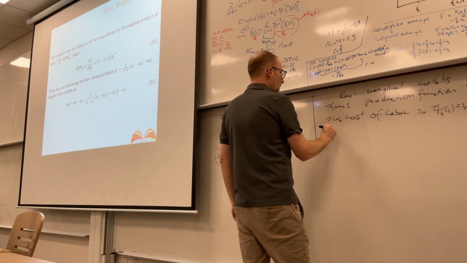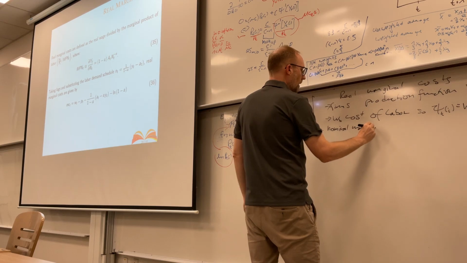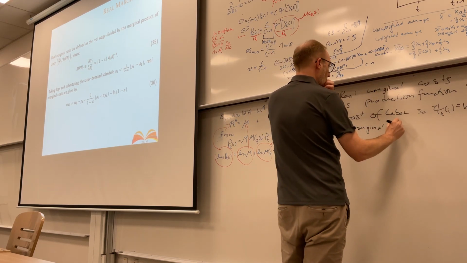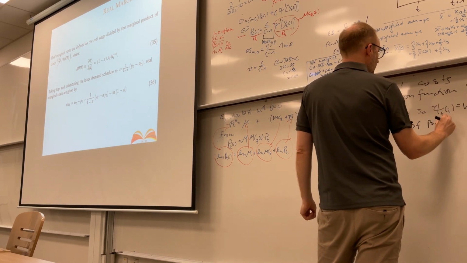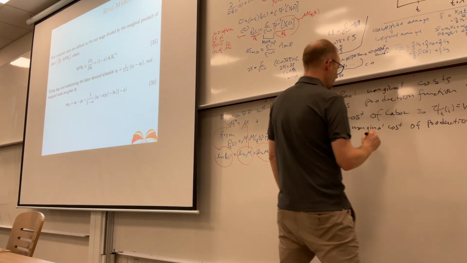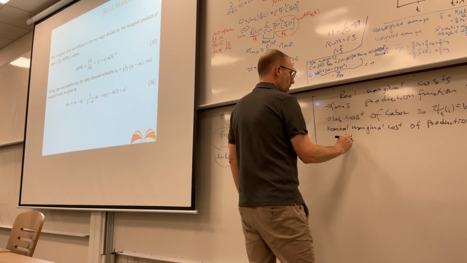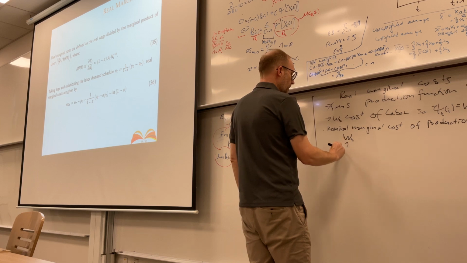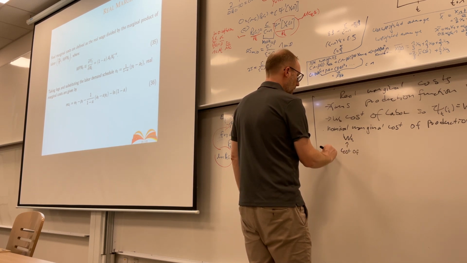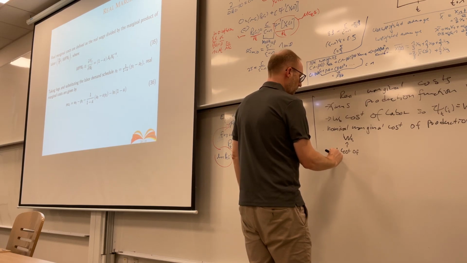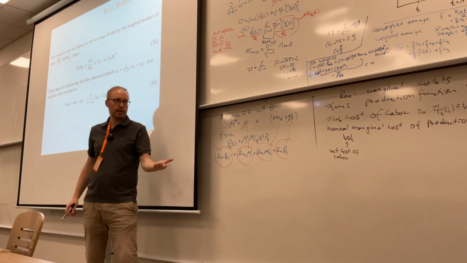So the nominal marginal cost of production is the unit cost of labor. That was 30,000 dong in the example.